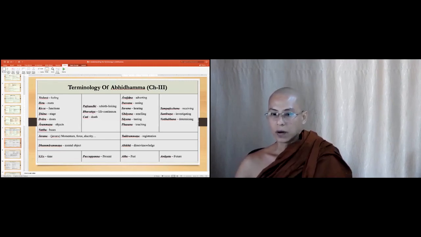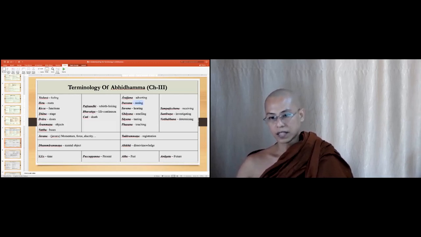Then Avajjana, Dassana, Savana, Ghayana, Sayana, Phusana. This group of terms can relate to the Ahetuka Citta. Eye consciousness makes the function of seeing, ear consciousness the function of hearing, nose consciousness the function of smelling, tongue consciousness the function of tasting, and body consciousness the function of touching.